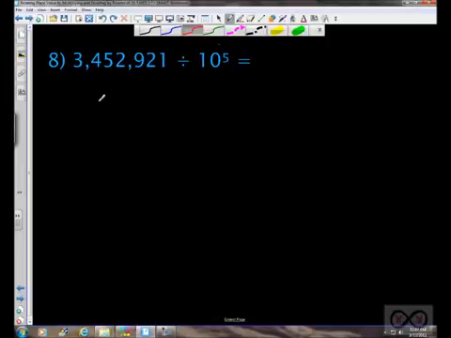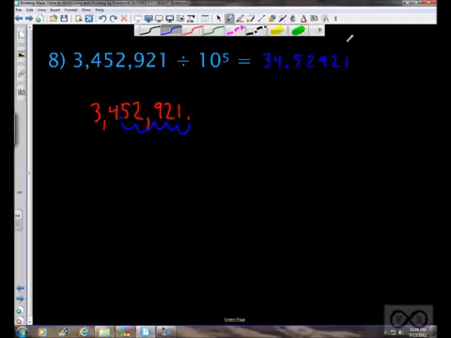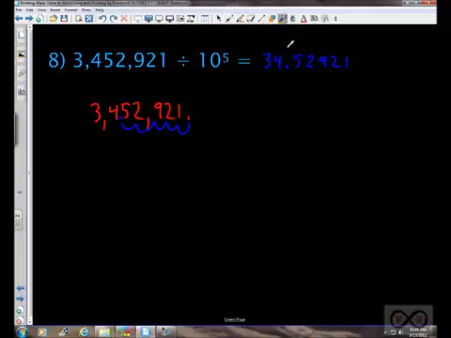We've got 3,452,921. Decimal point after the ones place, always. And then we're dividing by 10 to the 5th power. So we've got some movement of that decimal point to the left. You guessed it, 5 places. And relocating right there between the 4 and the 5, giving us a new number of, there you go. And that would be the final answer.